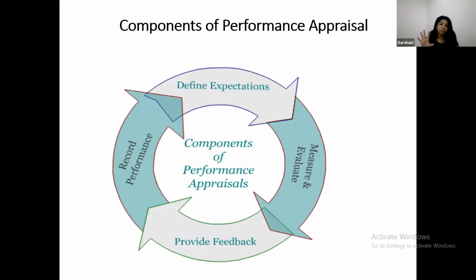Then, what are the components of performance appraisal? As I told you, the first thing is what? We set our plan. Plan in the sense, what are our goals and objectives, right? That is what you call as define expectation. We define the expectation in performance appraisal. If you could remember the video I have shown you, she starts the evaluation with, these are our company goals.